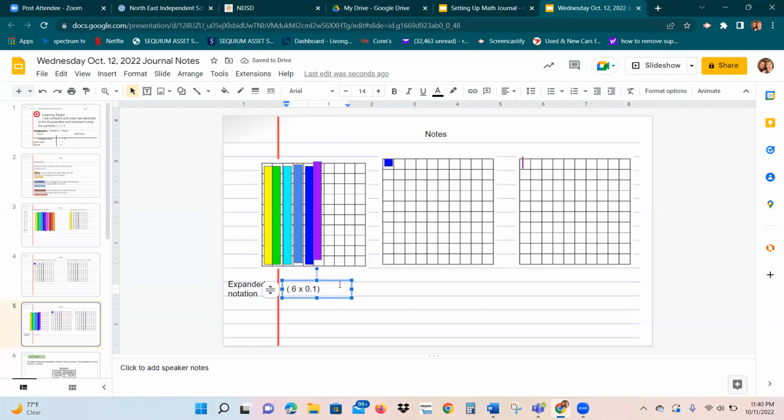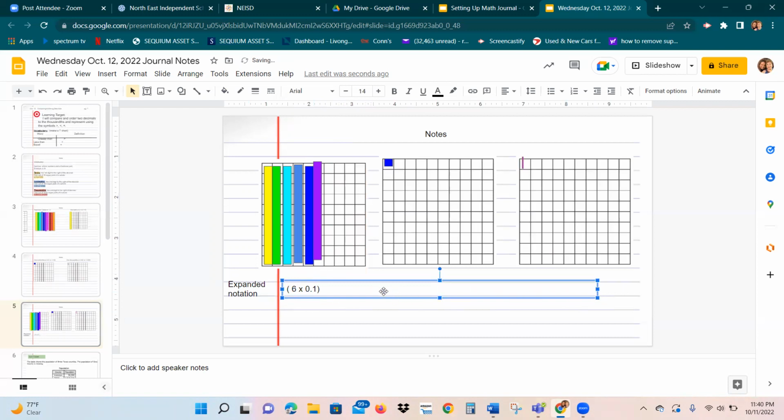Then I'm going to add a plus sign. So I'm going to come over here. Now you would obviously put these close together, but I'm doing this just for representation, right? This one right here represents what? How many hundredths do you have? Well, you know what? Let's go ahead and add a couple more.